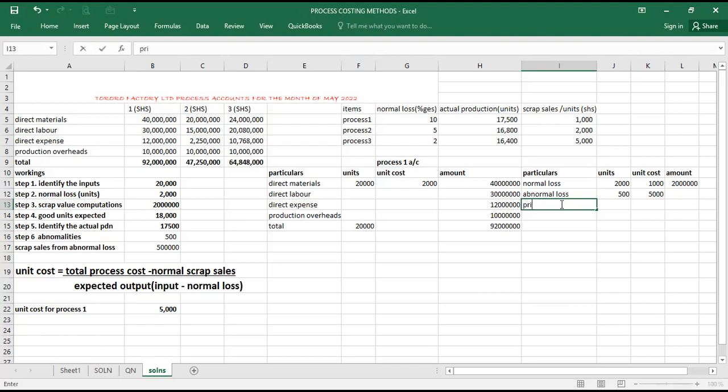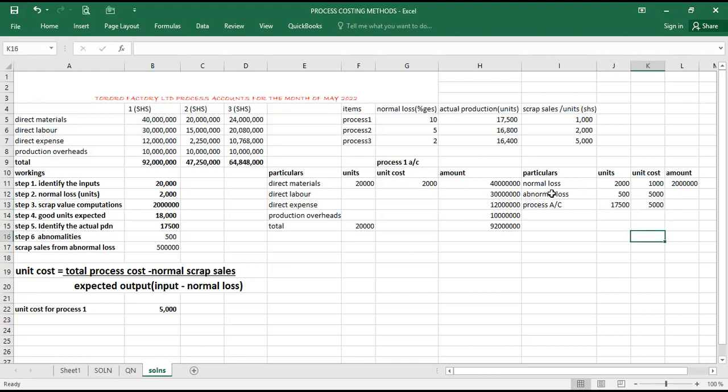When you put here process two, it will lead us to put that same figure into the other process account. And we have the actual production, which was 17,500.